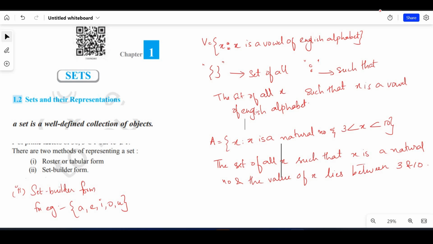So what will be the elements of this set? It will be 4, 5, 6, 7, 8 and 9. So any other elements other than these do not belong to this set, right? So in set builder form, all the elements in a set possess a single common property, and any element that is outside this set does not possess this property.